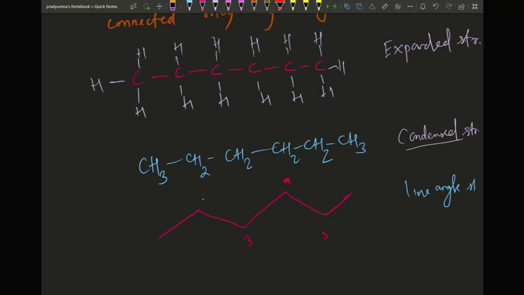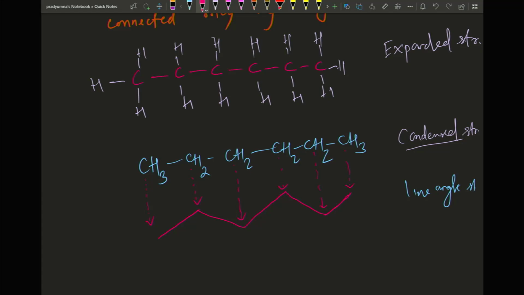You don't have to write 1, 2, 3 if you don't want to. So this is what the line angle structure is gonna look like: 1 carbon atom, 2, 3, 4, 5, 6. So if I point, this one here, this one here, and so on for all 6 carbons.